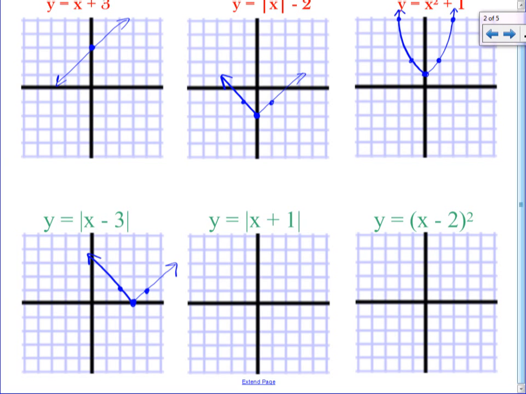So this one right here is actually telling you to go left 1, and where are we going on this last one? Right 2. We still need all of our points.